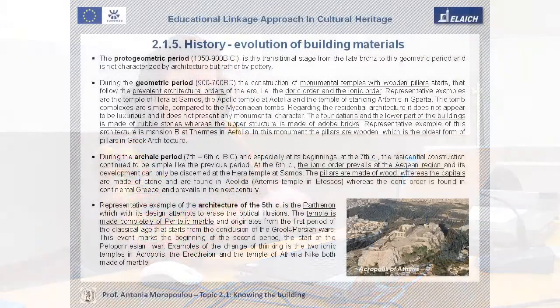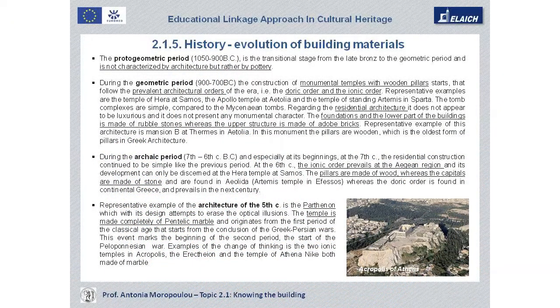The pillars are made of wood, the capitals of stone, and we are having mainly Ionian examples of architecture in the Aegean region and in Asia Minor, like in Ephesus, whereas in continental Greece, Doric architecture is prevailing.